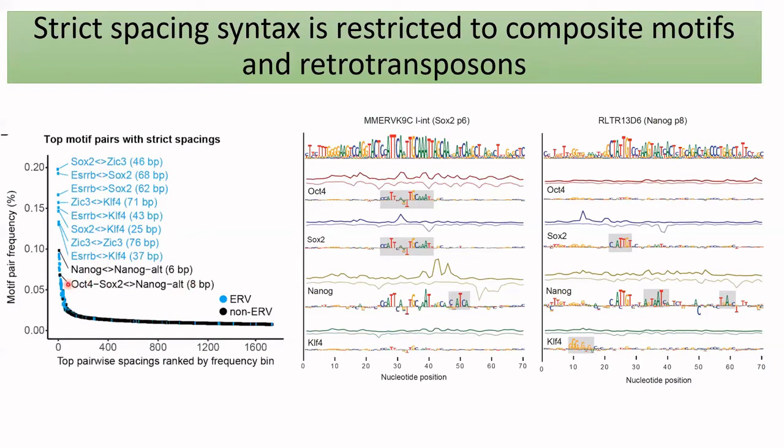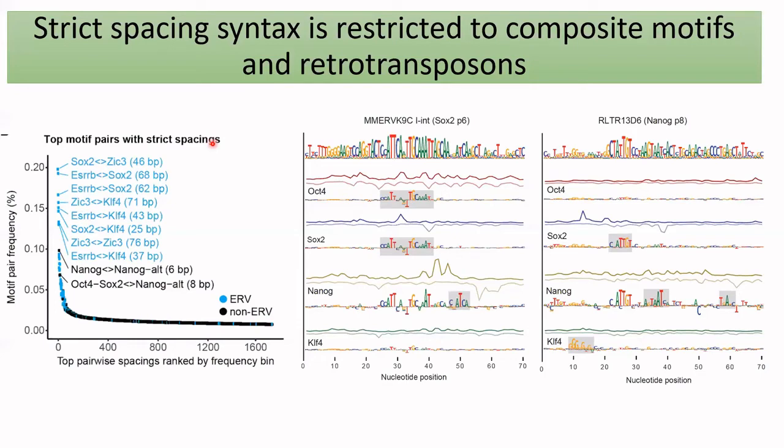But in most other cases, we also found a bunch of strict spacing constraints amongst motifs, like 46 base pairs, 68 base pairs. And if we started figuring out where these fall in the genome, pretty much all of them actually fall within retrotransposons. So we can essentially take strict spacing constraints and bin them into two categories.